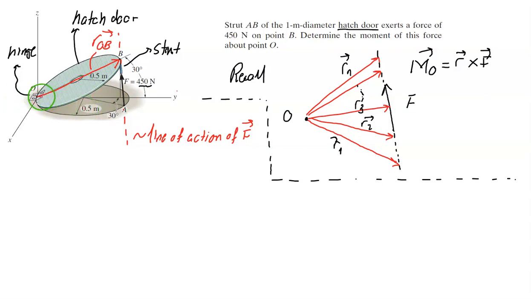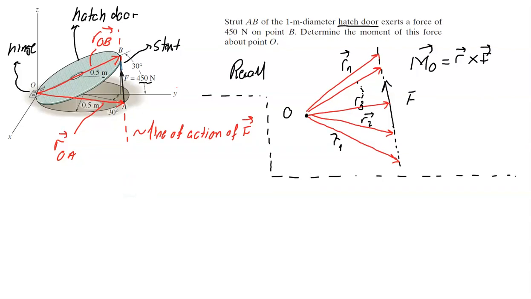Also, we can use OA as a position vector, so we can use the R_OA vector. So we can use either R_OA or R_OB, and both of them should give us the same result for moment O. Okay, so let's go ahead with the solution.